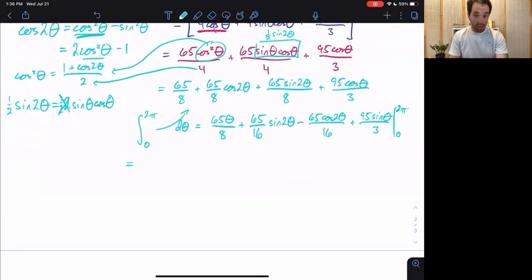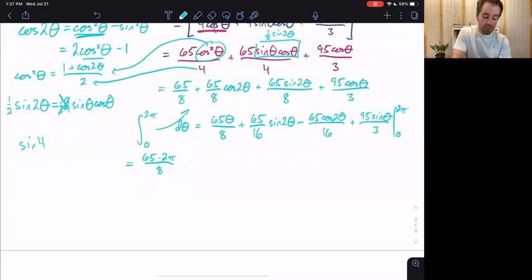Hopefully we'll have a lot of zeros here. That would be nice. 65 times 2 pi over 8. Plus 65 over 16 times sine of 4 theta. Sine of 4 pi, rather, is 0. So this is just a 0 term.